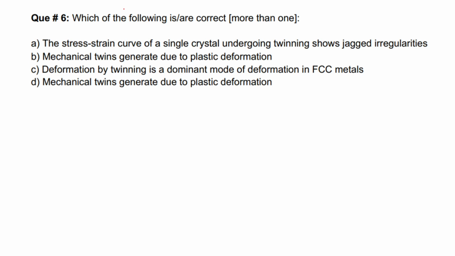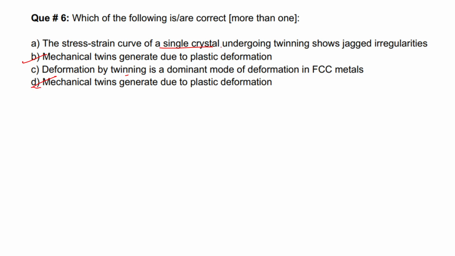Because dislocations are generated due to plastic deformation. Then what about option A? What will happen in the single crystal? B and D are the same option, right? So this is true, definitely. But one more answer is there, option A or option C.